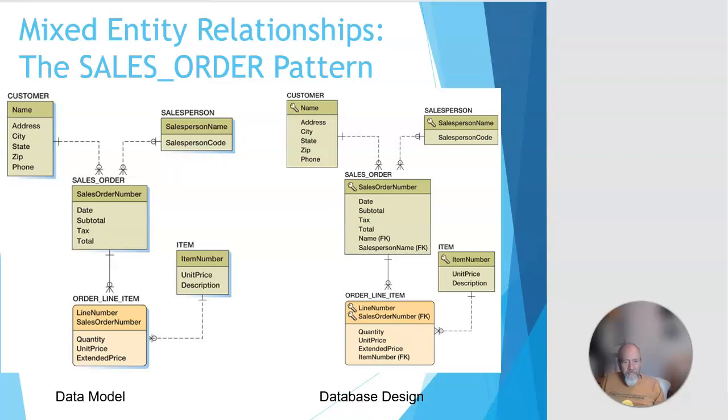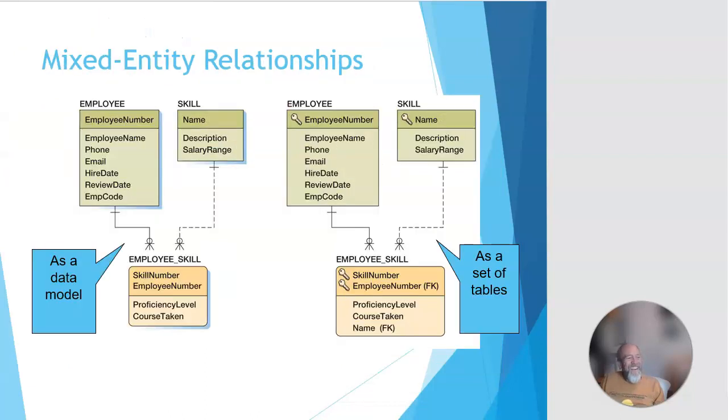Perfect sense, correct? All right. And again, you will have multiple options associated that you can put together. So in the case of the employee skill, now you've got to make that decision.